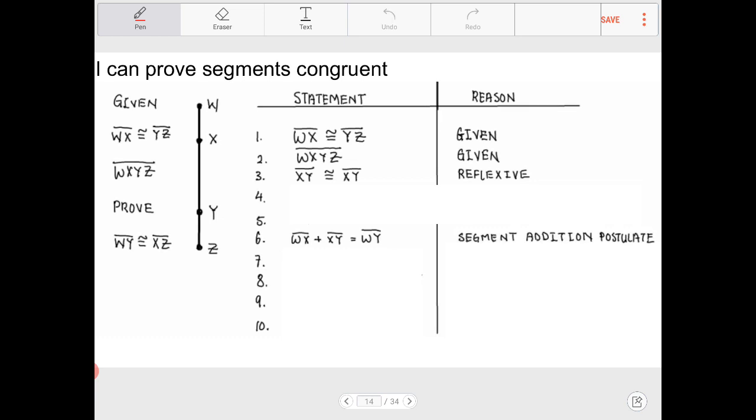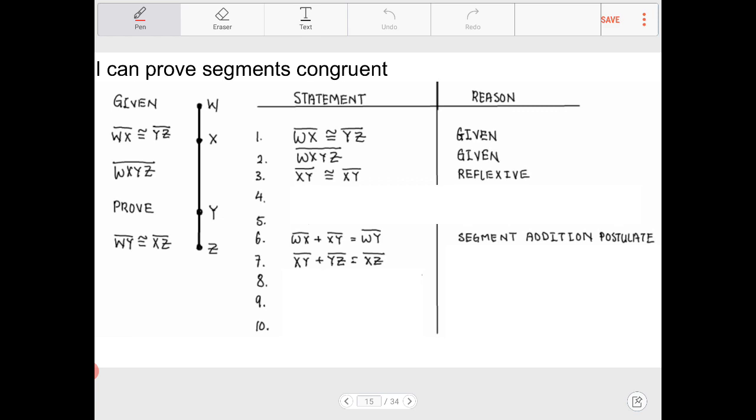There's no need for any prerequisite prior statements to state this, other than that W, X, Y, and Z must be on the same line. If they aren't on the same line, then line 6 would not be true. Again, I'm adding two segments that make up the total length of the segment, and that's true because of the segment addition postulate. I can make the same argument with XZ, that XY plus YZ is equal to XZ.